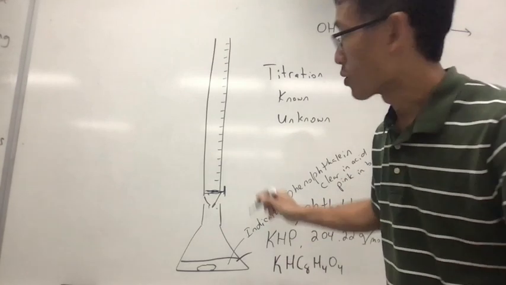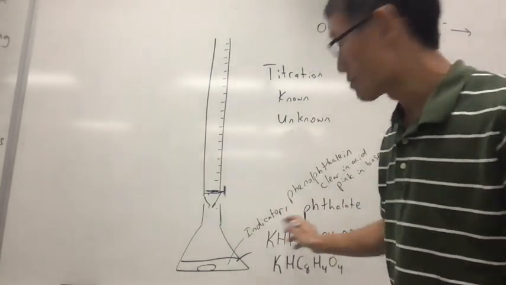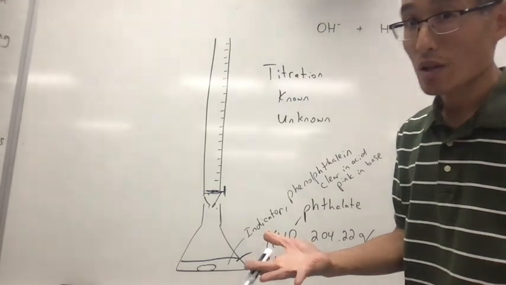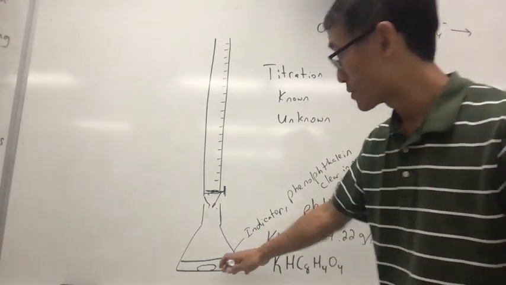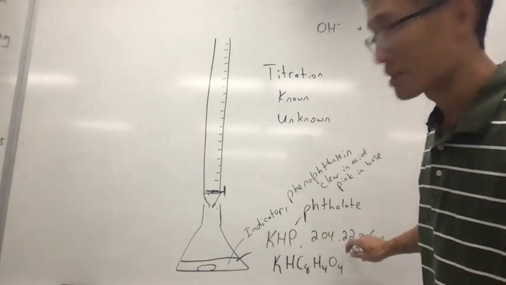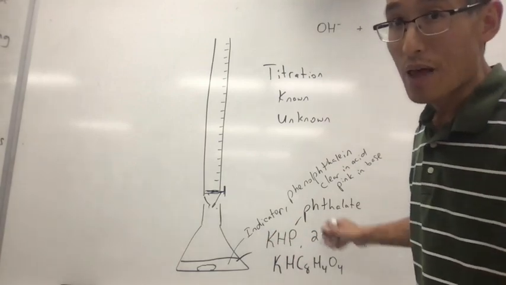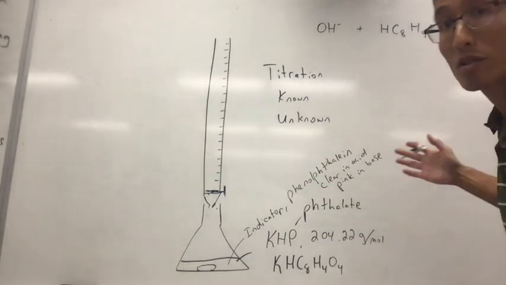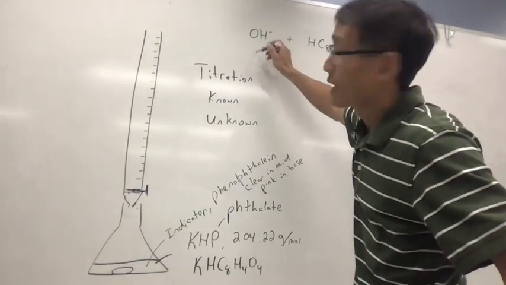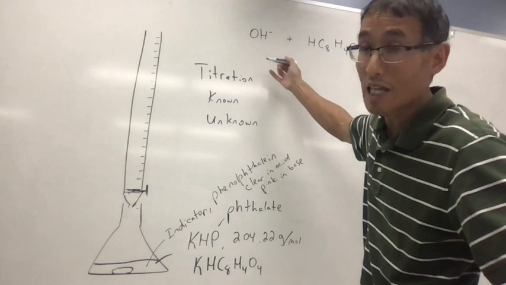So what we're going to do is we have a known amount, and you can get grams of your KHP, so you measured that out, and from that we can change it to moles. And then we look at our equation up here. I'm going to take a base, which is something like NaOH.